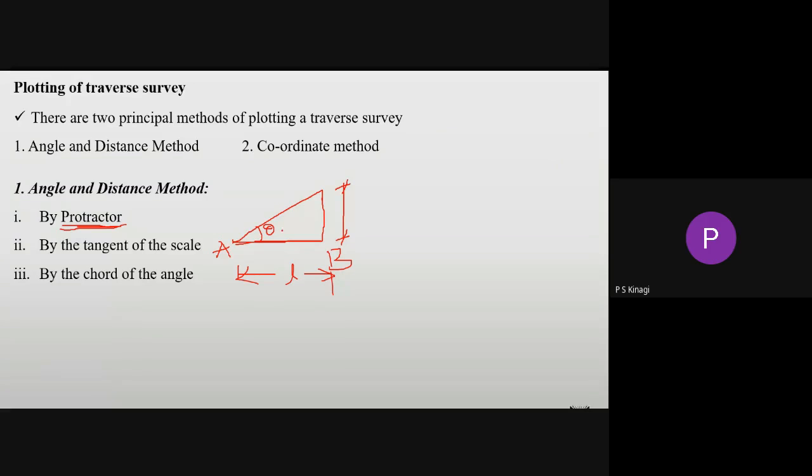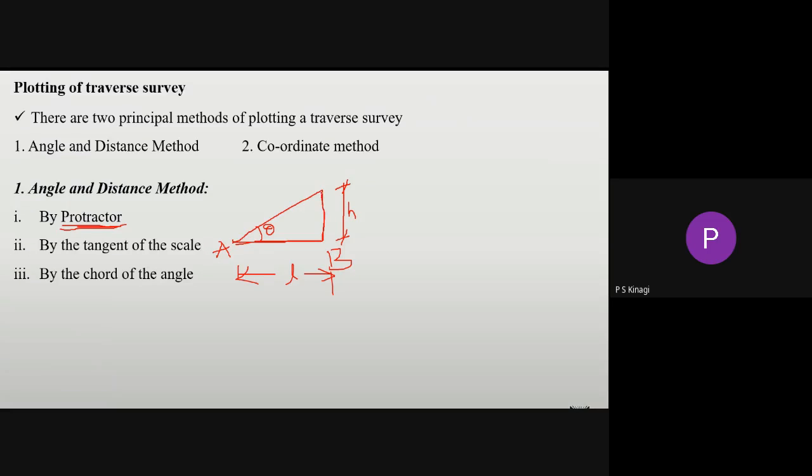How will we find it? With trigonometric relations: tan theta is equal to opposite divided by adjacent. Theta is here, this is opposite, and this one is adjacent. So we have to calculate this height, that is h is equal to L times tan theta. By using that formula we get the height.